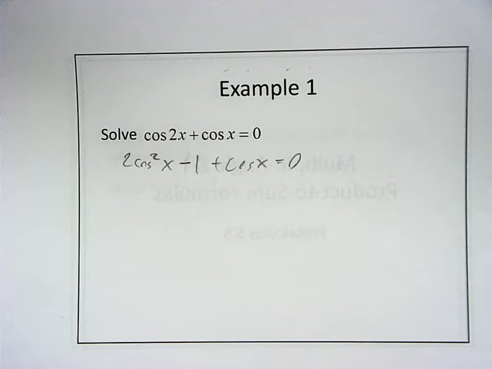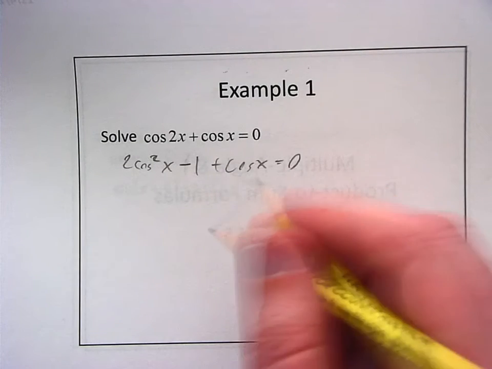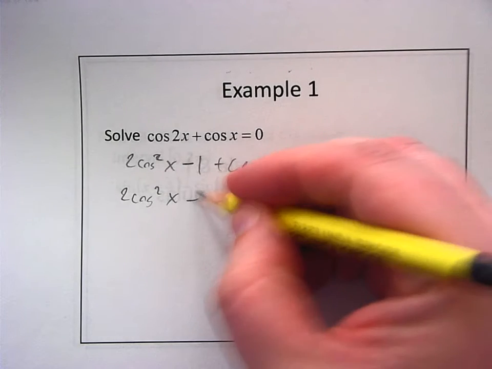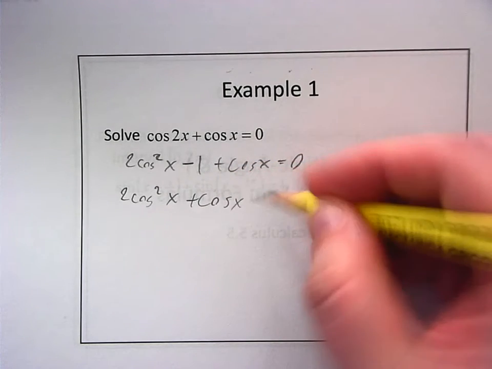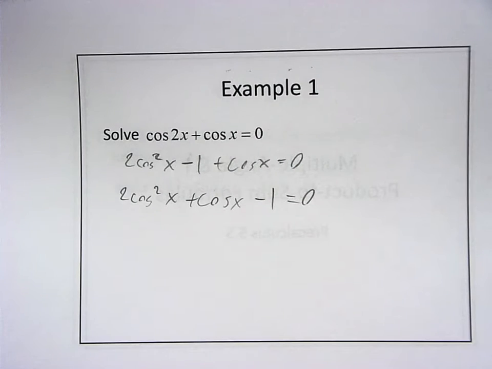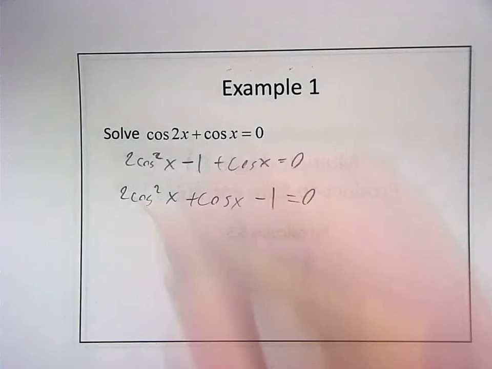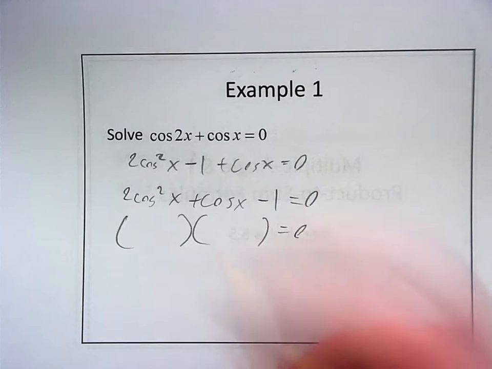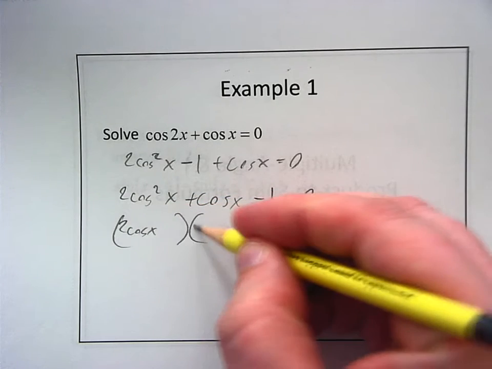This is the same as the stuff you were doing. You just have to solve for cosine of x and then solve for x. So rearrange it first off so I can factor it easier. It's already equal to 0, so I'm just going to swap the places of the cosine of x and the 1. Now, this will split out into what and what? 2 cosine x and cosine x.